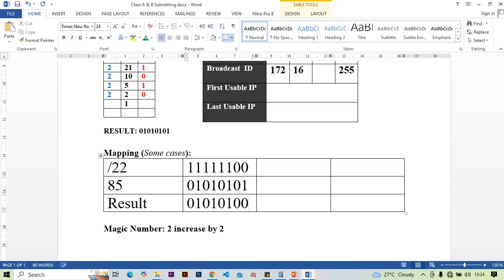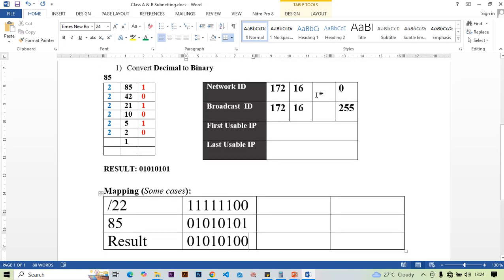So now, having mapped this, these values turned on will give us the value for our network ID right here. So this 0 is turned on.